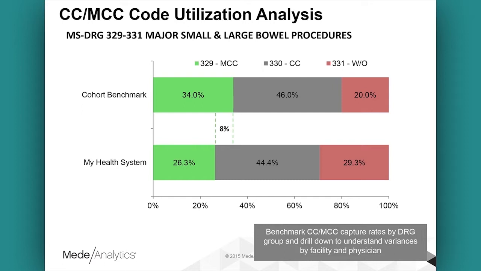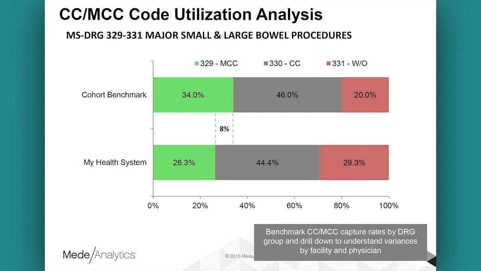Here we've picked DRGs 329, 330, and 331, which are major small and large bowel procedures. We're just looking at my health system versus that cohort benchmark of 200-bed hospitals in the Southeast, for example. And you can see the distribution of how we are capturing MCCs, CCs, and without across, say, 500 claims over the past year, and how that compares to the cohort.